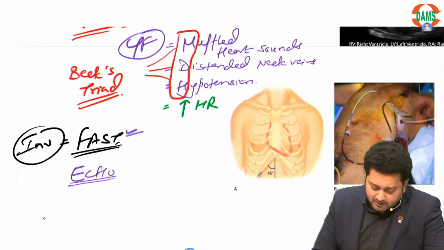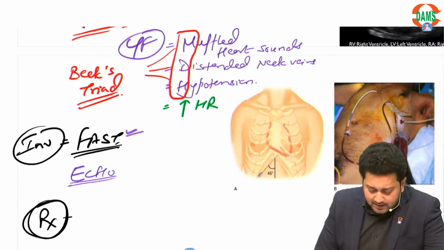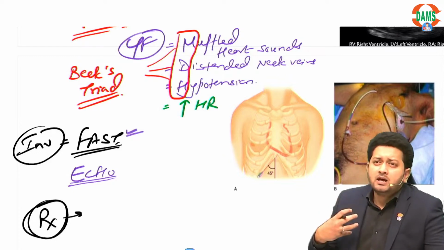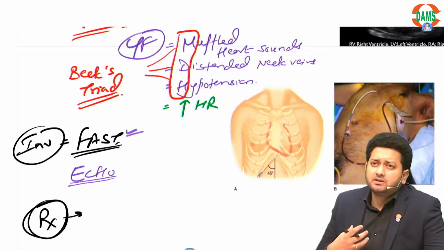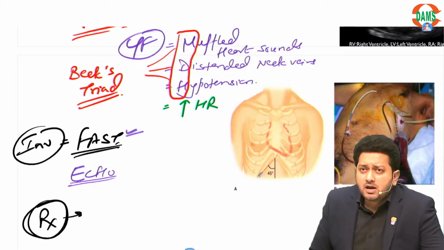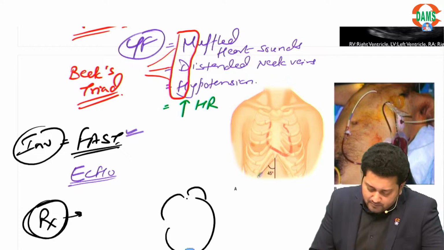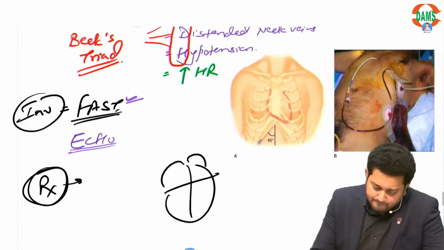Okay, now treatment. Again, this is a surgical emergency. You have to do something as fast or as early as possible so that at least the heart starts getting the blood. Otherwise, the patient will die right in front of you in the emergency. So what you will do is, okay, I'll make the diagram again.